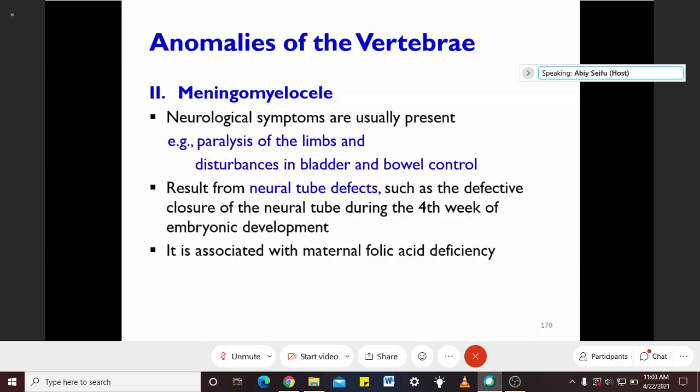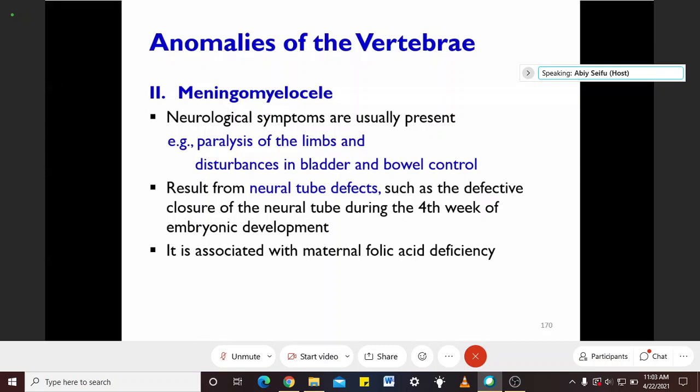Now, in meningomyelocele, that means when the spinal cord is displaced from its normal place and protrudes externally, there is paralysis of the limbs and disturbance of the bladder or urination. Urination cannot be controlled.